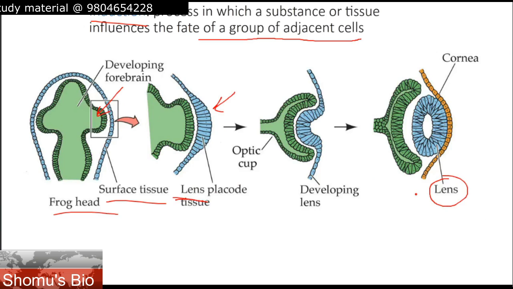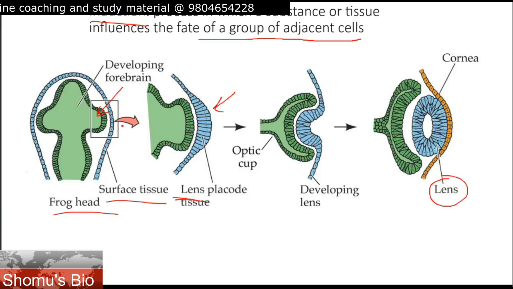So the forebrain structure influences the neighboring cells to modify their structure to produce a lens of the eye. The surface tissue starts modifying itself to produce lens placode tissue.